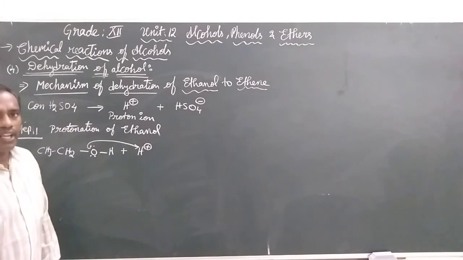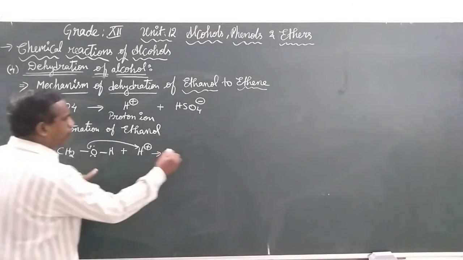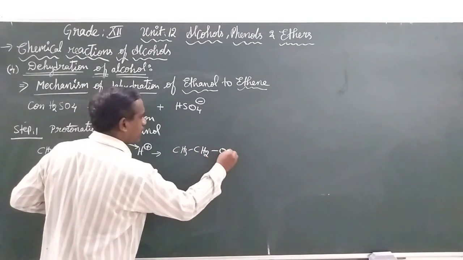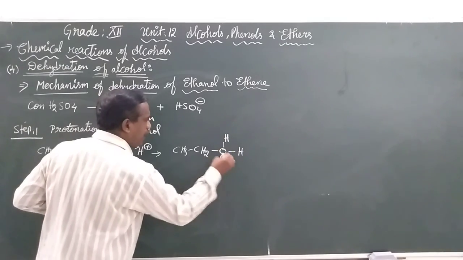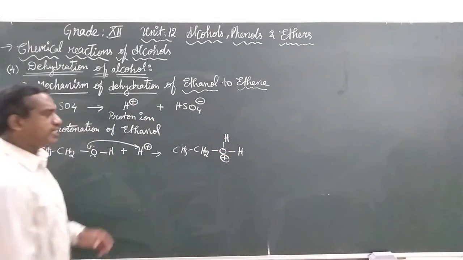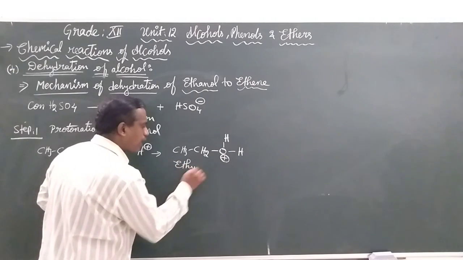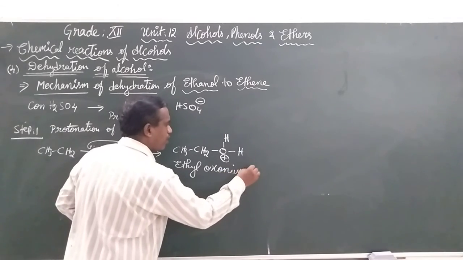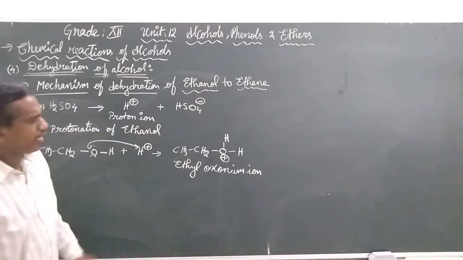After donating the lone pair, we get the oxygen with 2 hydrogens bearing a positive charge. This is the ethyl group with the oxonium ion. We call this the ethyl oxonium ion.